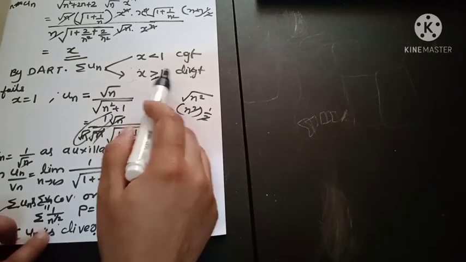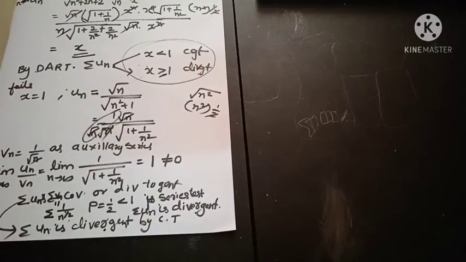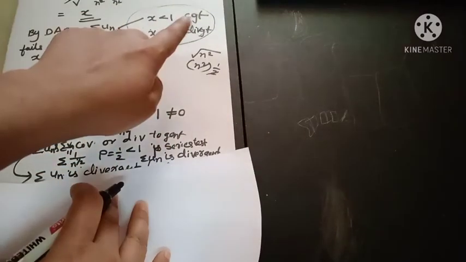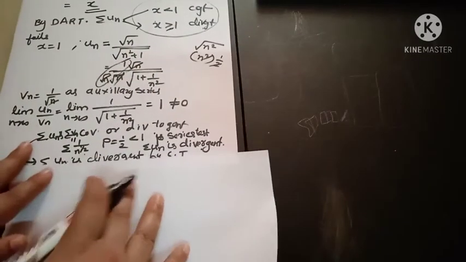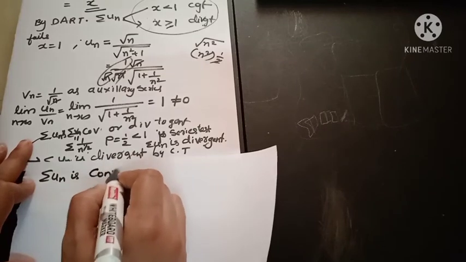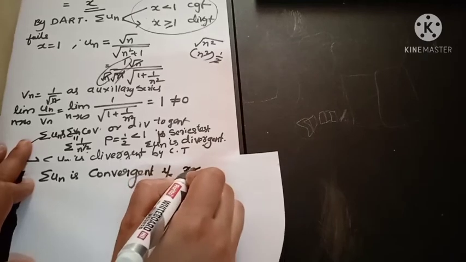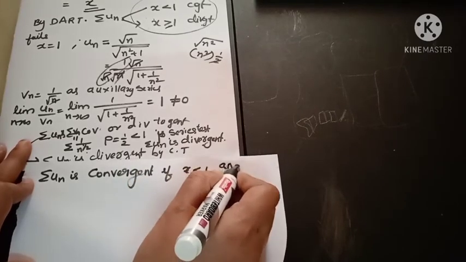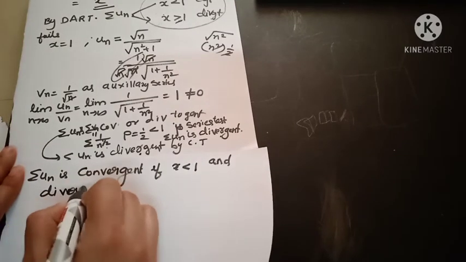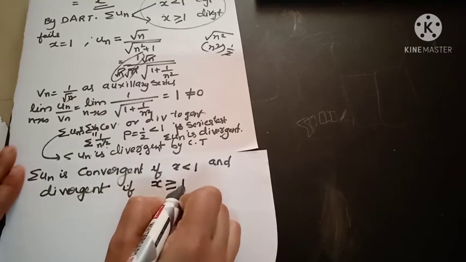Now we'll write this result as a conclusion, in the form of a sentence. Series un is convergent if x is less than 1, and series un is divergent if x is greater than or equal to 1.